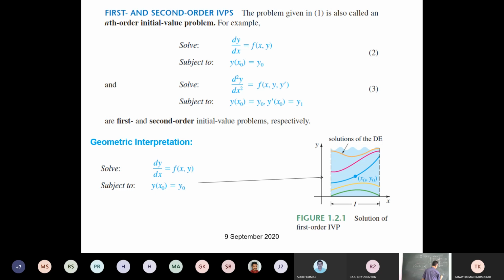That is, they are also giving a condition in terms of the first order derivative at that particular point x naught. The geometrical interpretation is the same, except that now you have this extra condition. So can you tell me what that extra condition means?